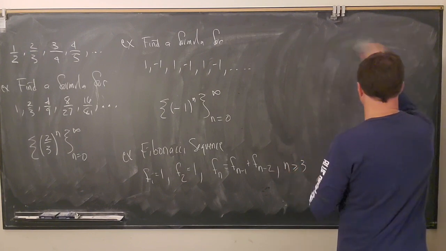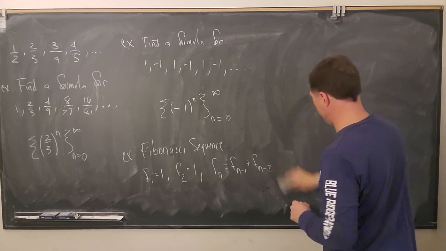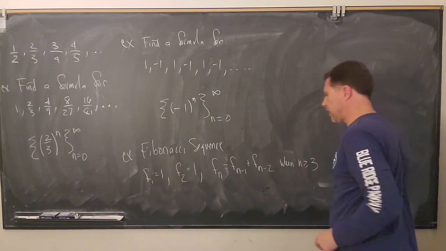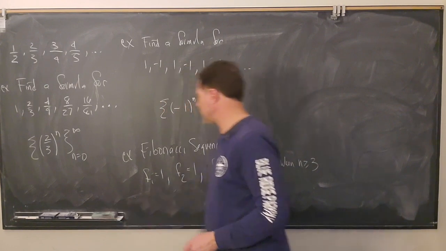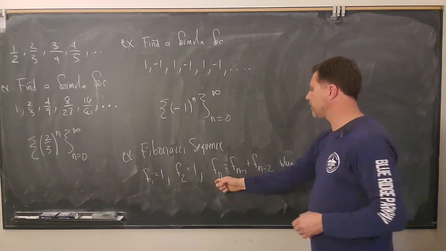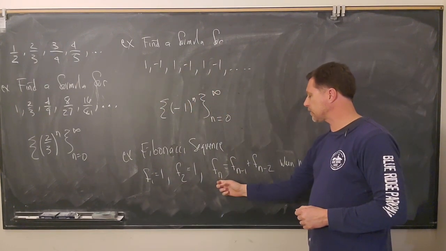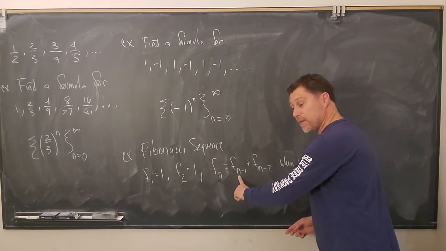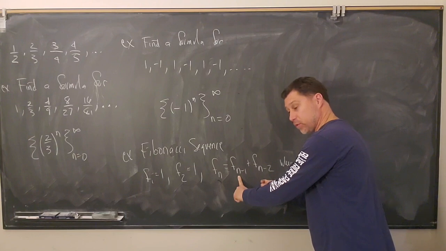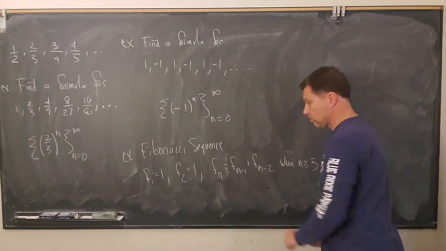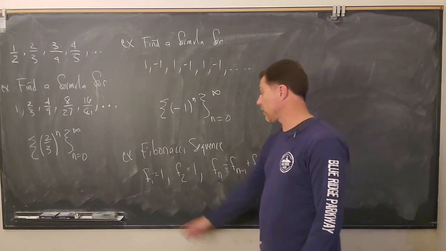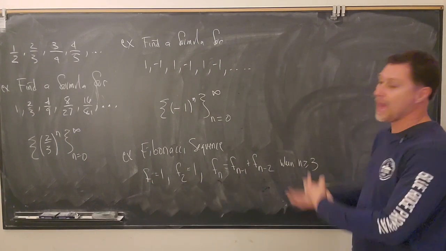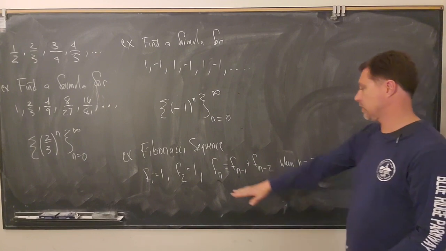So what does this tell us? f sub n is obtained by adding the previous one and the one that was 2 before. To get it started, we need to tell you the first 2, and then the formula kicks in and says add the previous 2. That's what this formula says.